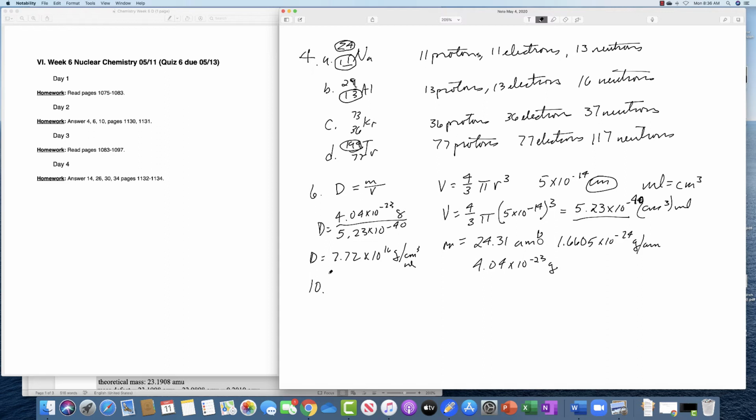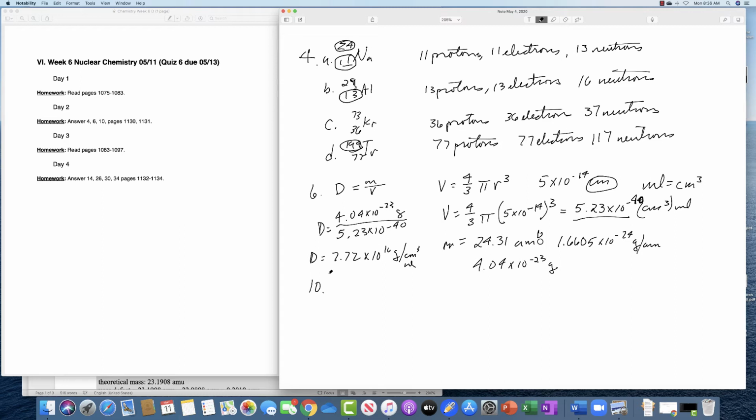So you have to take the various elements. You'll need a periodic table also to look at this, because on some of these, they're not giving you the atomic number, so you don't know the number of protons unless you look it up. So first, let's look at argon 40. Argon's a noble gas, Ar. You'll see that that's 18 for an atomic number.